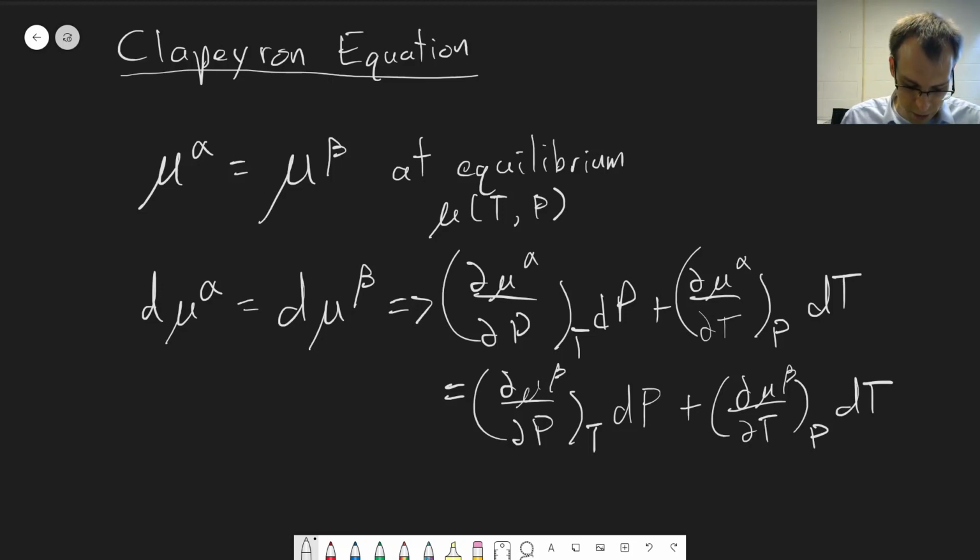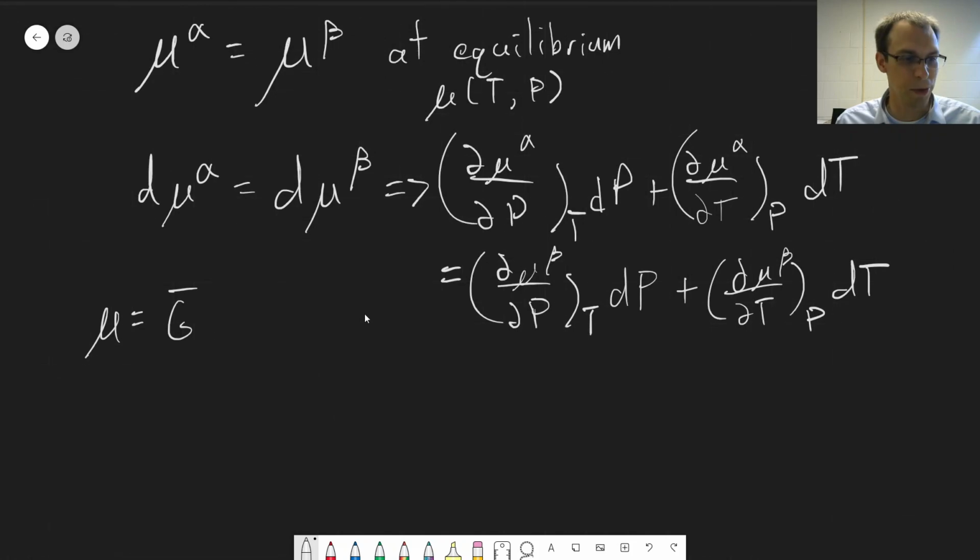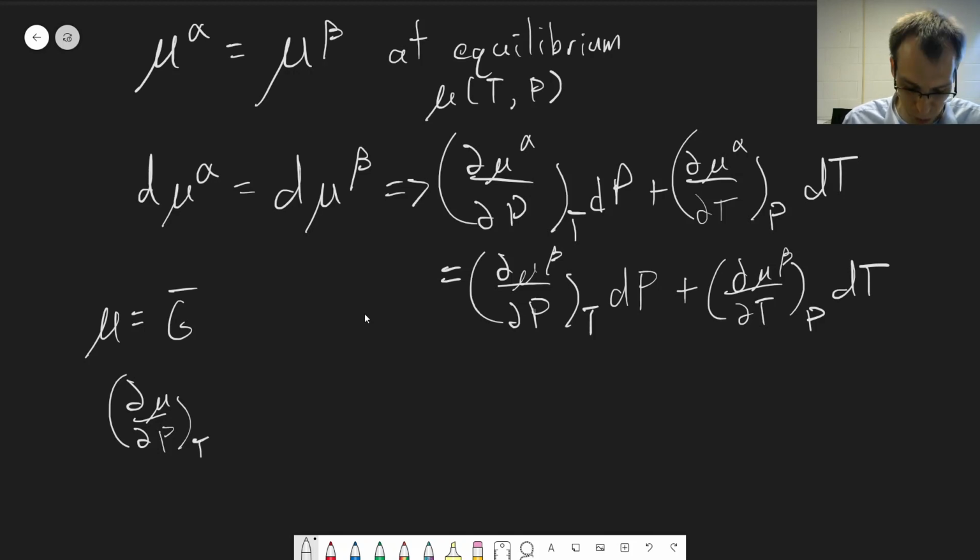But we just showed that mu is equal to the molar Gibbs energy. And so therefore we can use some of the relationships we were looking at earlier, right? That d mu dP at constant T is equal to d G bar dP at constant T, which is equal to V bar.